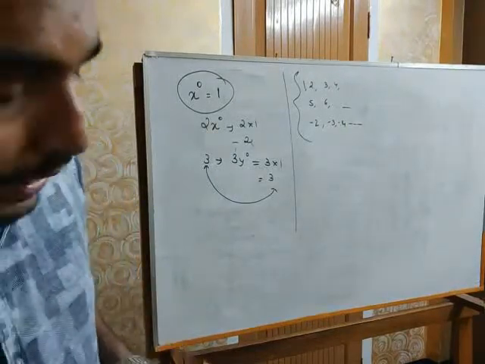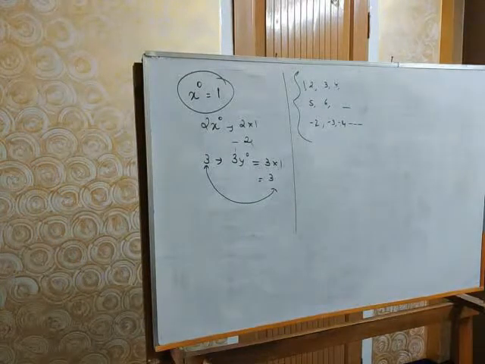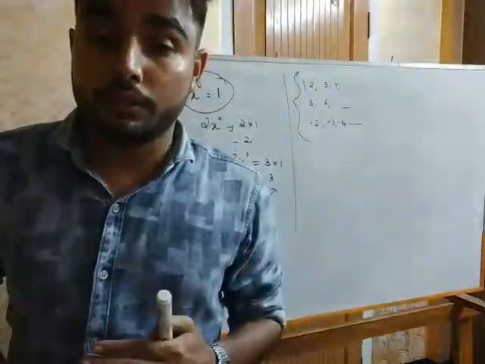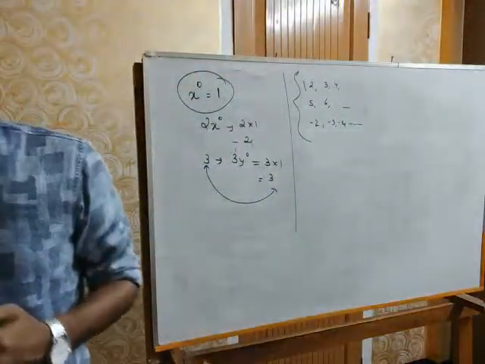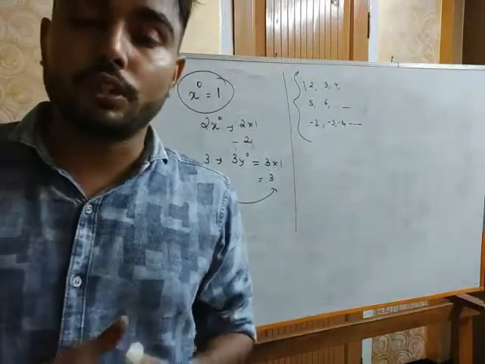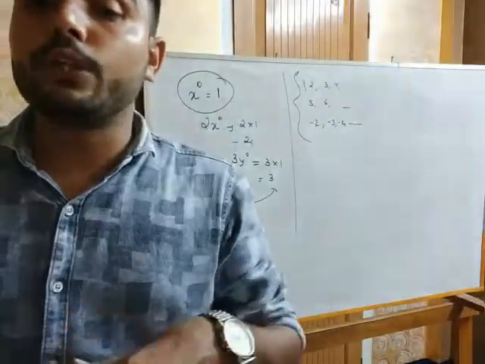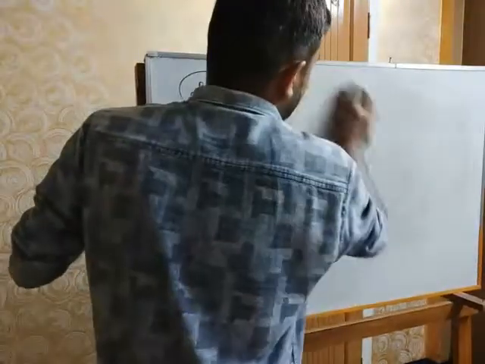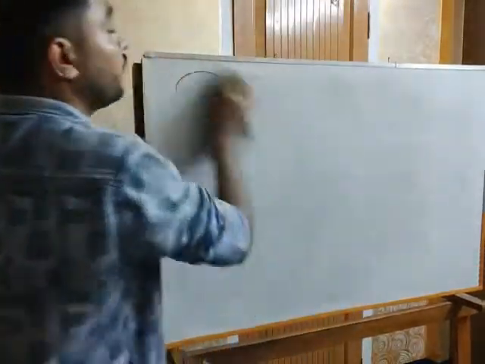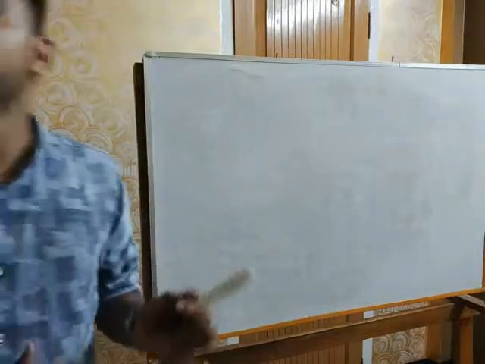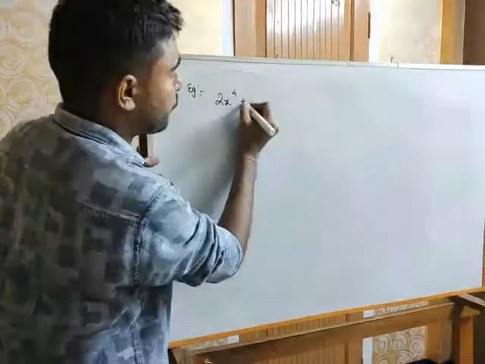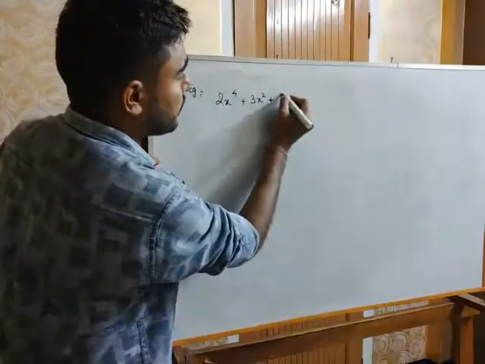So now we will proceed to the next topic, classification on the basis of degree. Before discussing algebraic expressions on the basis of degree, you need to be very clear: what is degree? In your algebraic expression there can be many terms, one, two, three, four. The highest power among these terms is the degree. For example, take 2x to the power 4 plus 3x square plus 9.